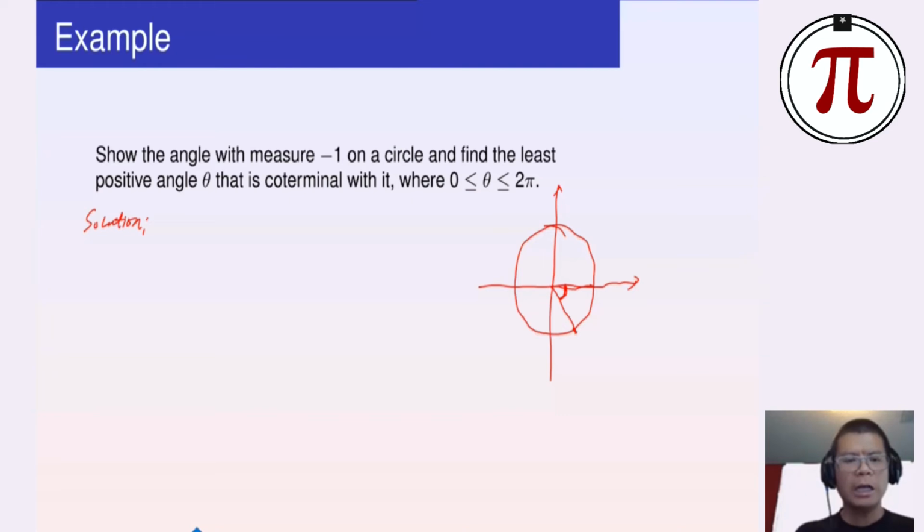So now for this one, if I want to find some coterminal angles with it, I need to rotate 4 rotations, right? I get a coterminal one. Now for this one, what I want to find is between 0 and 2 pi. So I can just do 1 full rotation counterclockwise or clockwise?